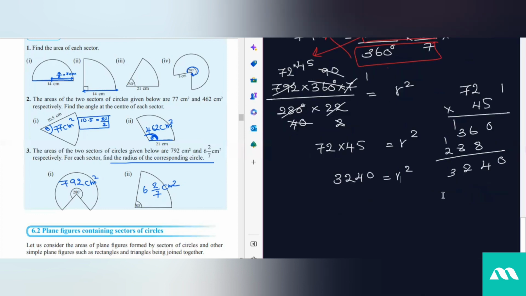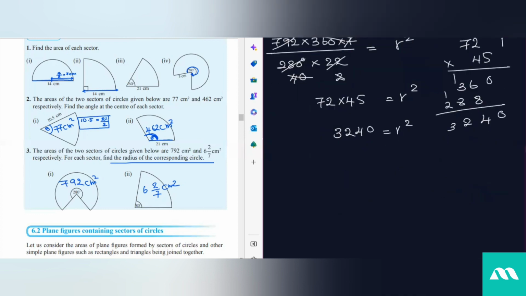Then how do we find r? You have to take the square root of 3240.